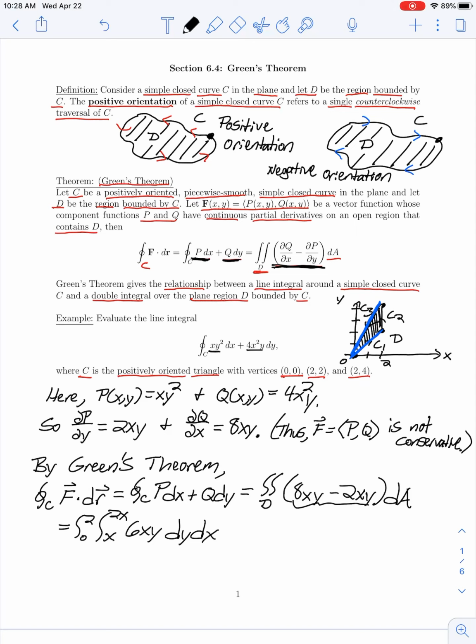So let's see what we have here. Integrating first with respect to y, we're left with the integral from 0 to 2 of 3xy squared, evaluating from x to 2x, and then integrating with respect to x.